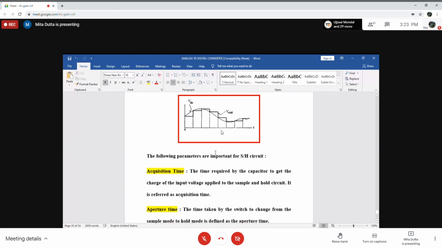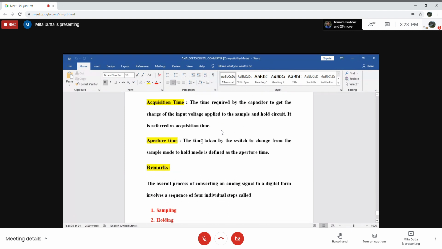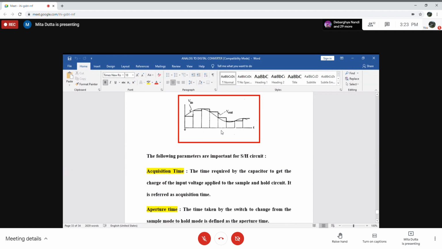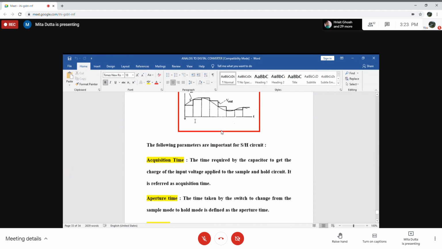And we have two parameters here, acquisition time and aperture time. Acquisition time is the time required by the capacitor to acquire the charge of the input voltage applied to the sample and hold circuit. Aperture time is the time taken by the switch to change from sample mode to hold mode. So how could we convert a complete analog voltage into its digital form? We need to sample the input analog voltage, then we have to quantize it. How could we do the quantization?